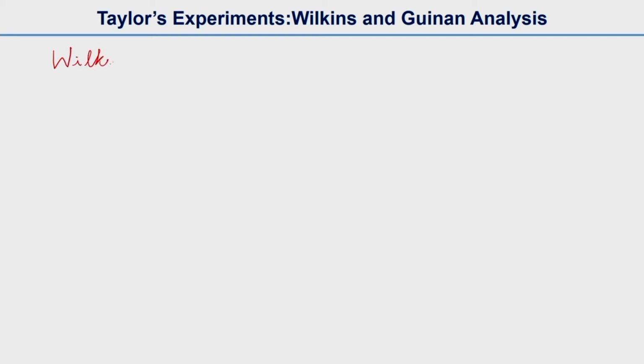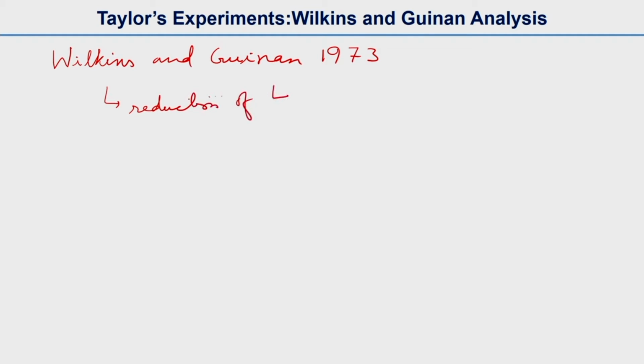Wilkins and Guinan in 1973 performed a simple mathematical analysis on the Taylor test. They studied the reduction of the L1 by L0 ratio.